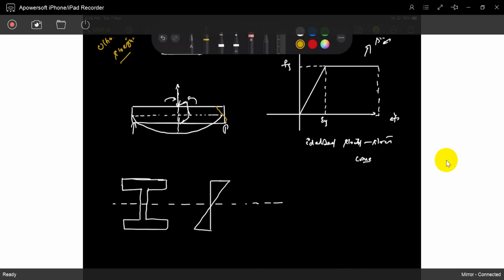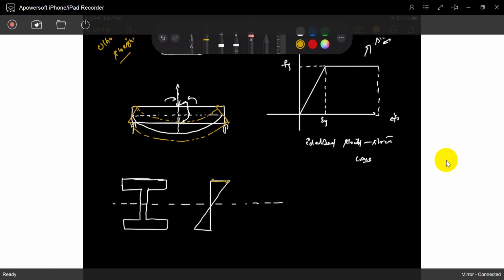The section will come like this. Understood? So the top sections are compressed and the bottom sections are expanding. Observe it. So that is a strain curve.